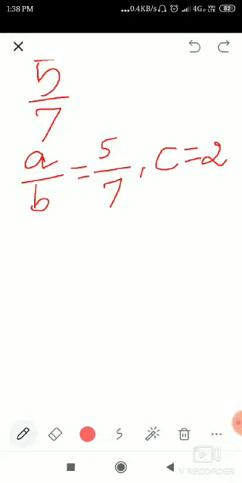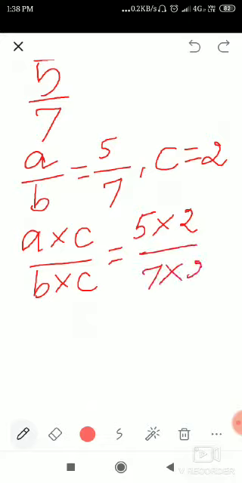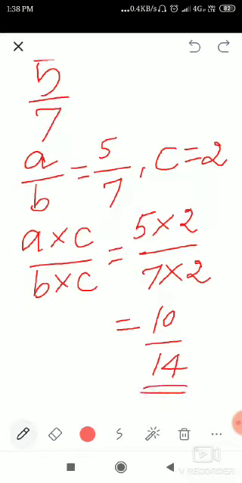Now we multiply c with the numerator and denominator, a cross c by b cross c. So a value 5 is multiplied with 2 and b value 7 is multiplied with 2. So 5 2s are 10, and 7 2s are 14. So 10 by 14 is your equivalent fraction of 5 by 7.